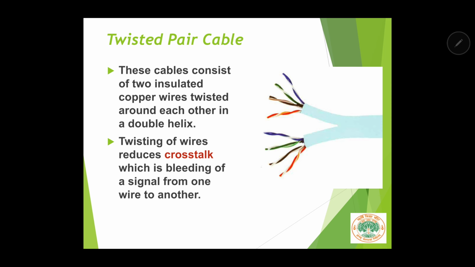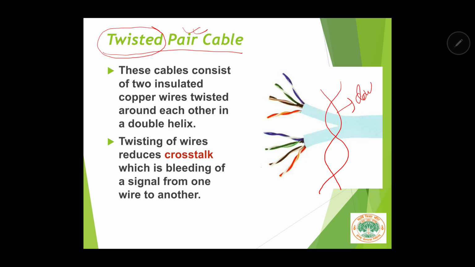Let's begin with twisted pair cable. From the name it is evident that here the cables will be twisted. Pair means there will be two cables and they will be twisted around each other. In case of twisted pair cable, the cables are twisted around each other in the form of a double helix structure, like the structure of DNA.